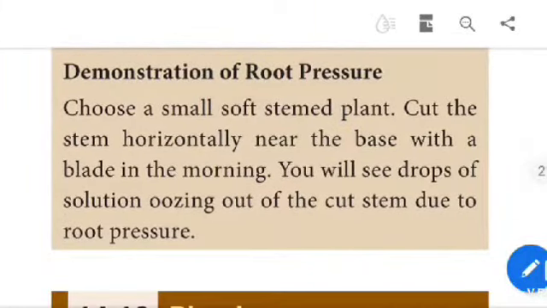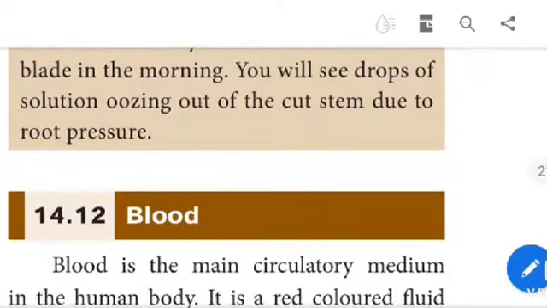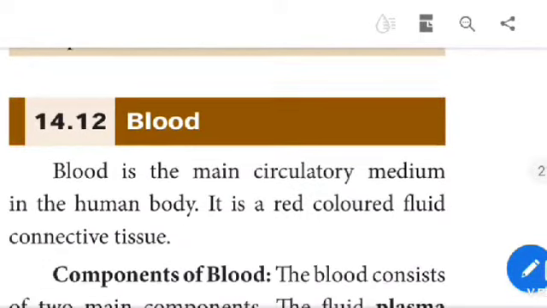Demonstration for root pressure: choose a small soft-stemmed plant. Cut the stem horizontally near the base with a blade. In the morning you will see drops of solution oozing out of the cut stem due to root pressure.